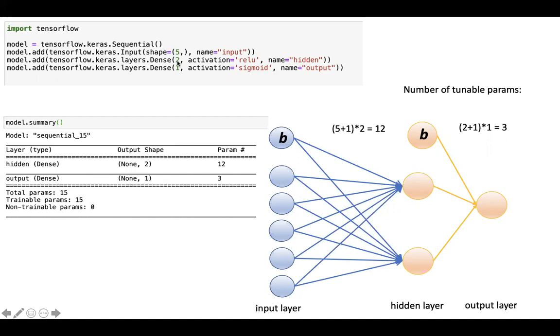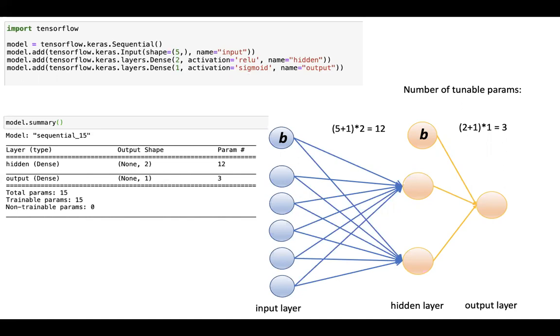We add the dense layer with the 2 hidden units and the activation function relu. And we add one more dense layer with 1 neuron and sigmoid activation function.